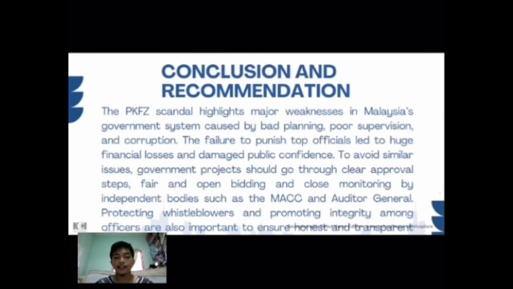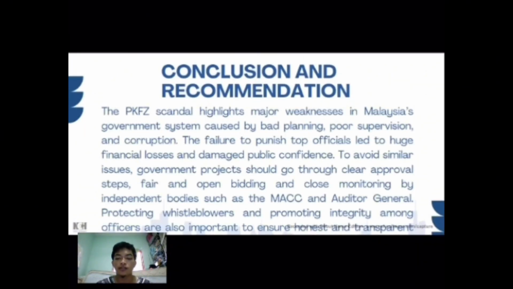This is our last part. This is the conclusion and recommendation. The PKFZ scandal highlights major weaknesses in the Malaysian government system caused by bad planning, poor supervision, and corruption. The failure to punish top officials led to huge financial losses and damaged public confidence.